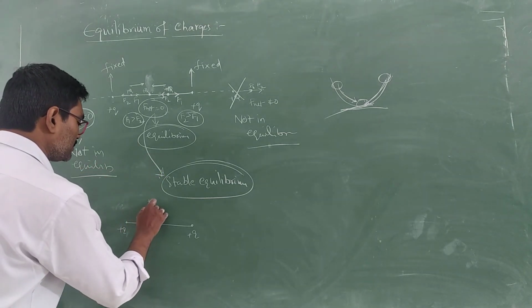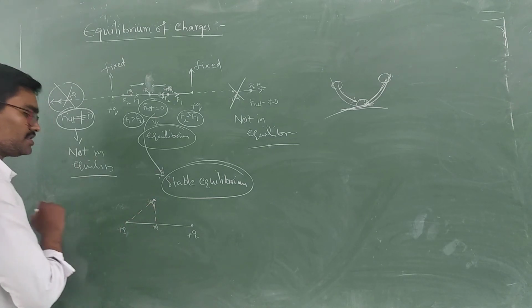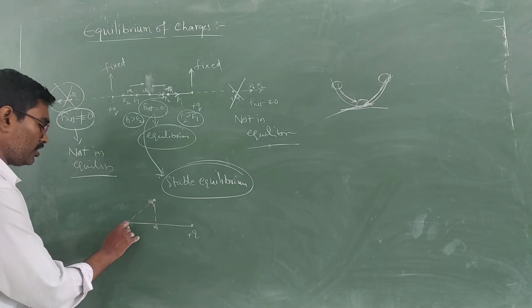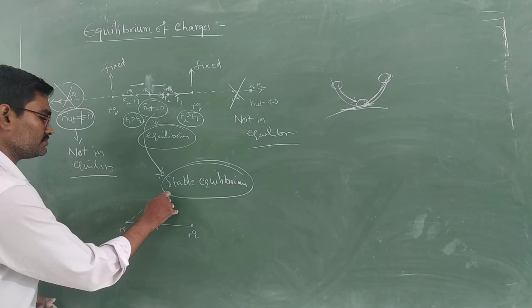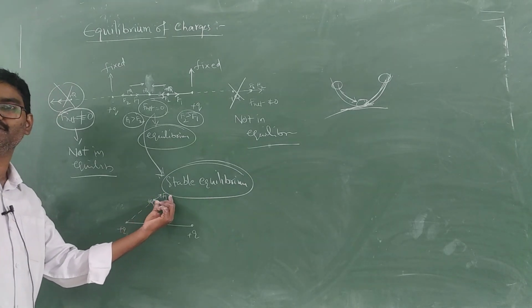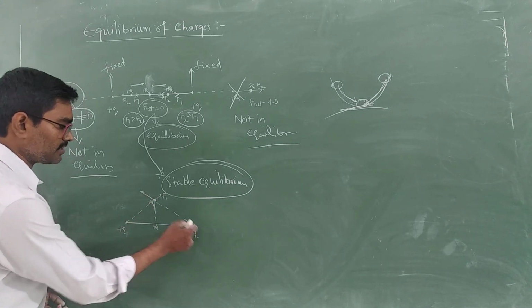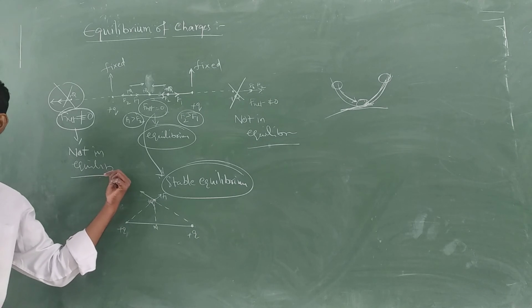Suppose I place plus Q here. The line joining these two charges is this. This plus Q will exert a force on it in this direction, and this plus Q will also exert a force in this direction.